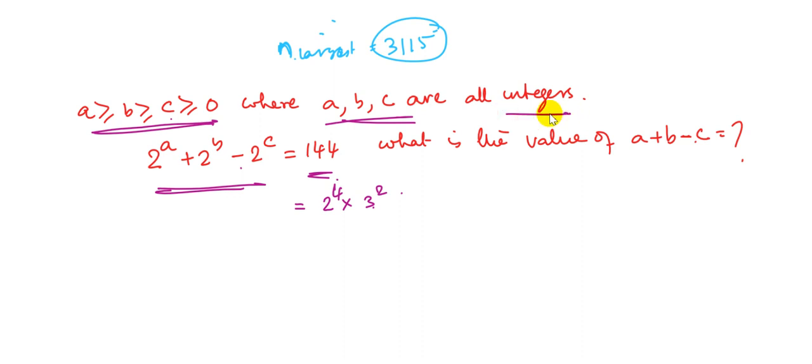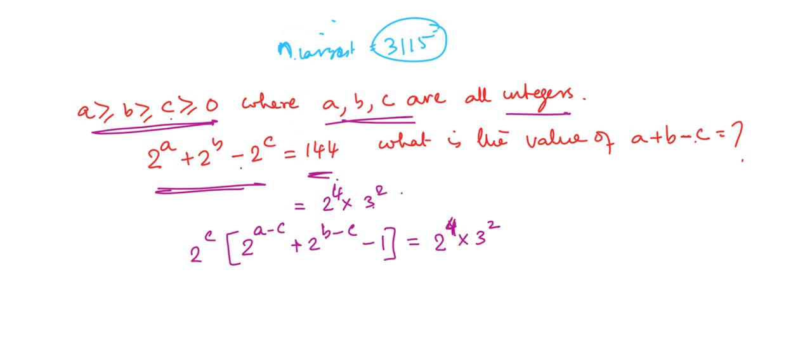So let me take 2 to the power c common, and I can write 2 to the power a minus c plus 2 to the power b minus c minus 1 equals 2 to the power 4 into 3 to the power 2. Can I write this? Yes.